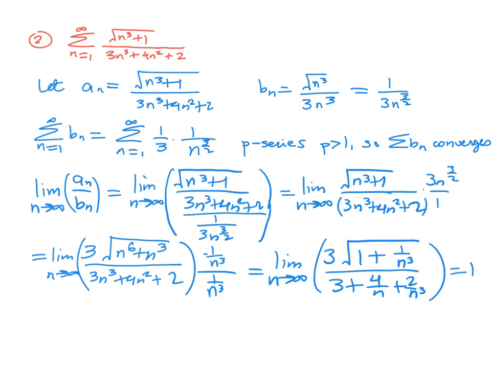So because it's a positive real number, the limit comparison test says that the convergence of sigma of bn will be the same as the convergence of sigma of an.